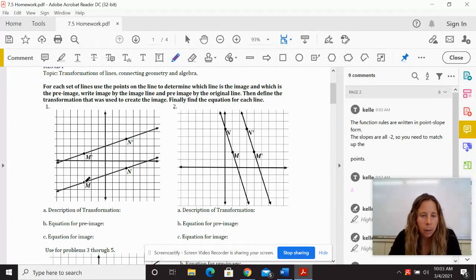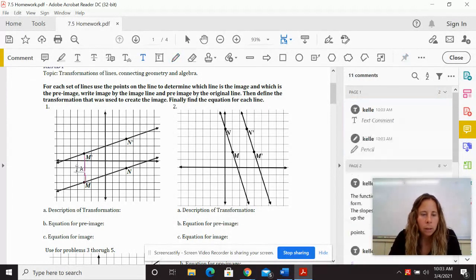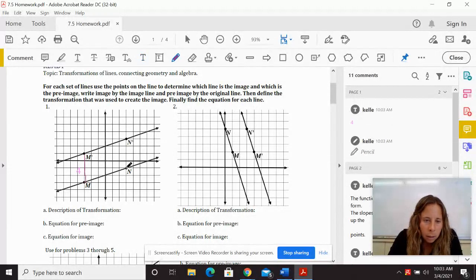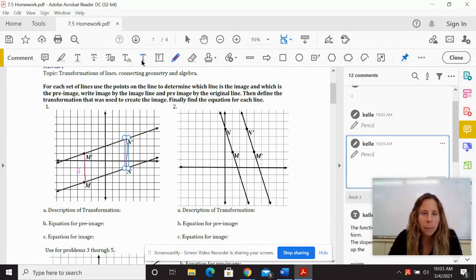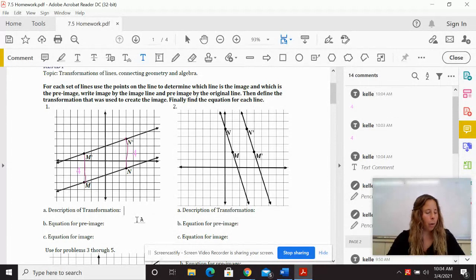Let's see if I'm doing the same on N. 1, 2, 3, 4. Okay, so that works on both. So that means my transformation is just translating up 4.